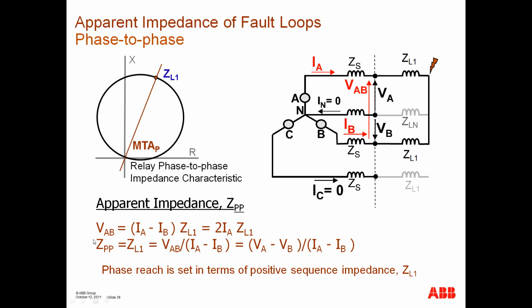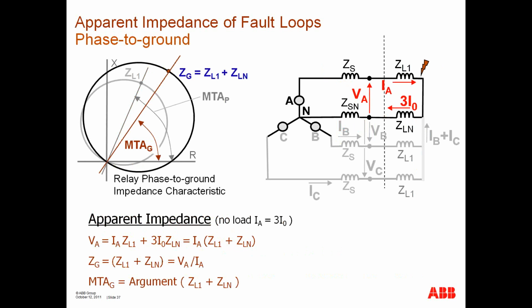So looking at this equation, my voltage is equal to 2 IA ZL1. So my apparent impedance is still ZL1, the same as it is for a three-phase fault. And it's the ratio of VA minus VB divided by IA minus IB. And as I say in the note at the bottom, the reach is set in terms of positive sequence impedance.